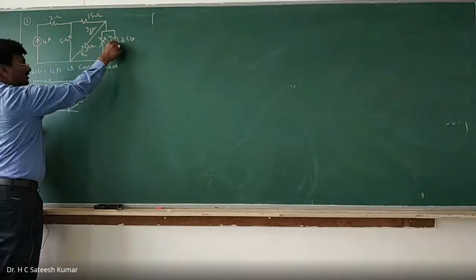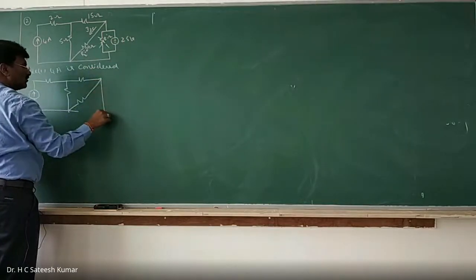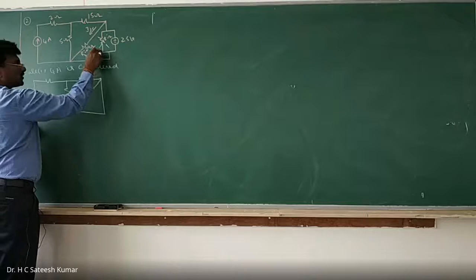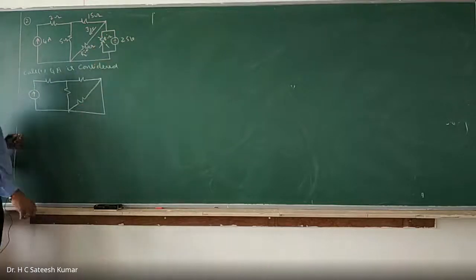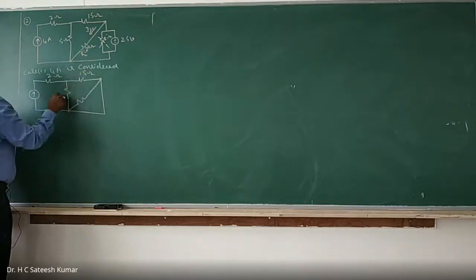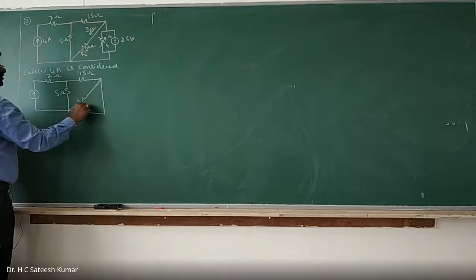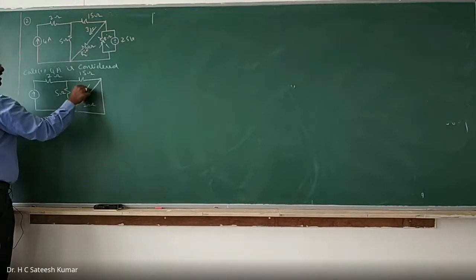And what about this one? This one will be short circuited. Now, this is eliminated, open circuited, and this is short circuited. So therefore, nothing is there in that. So now what do we have? 2 ohms, 15 ohms, 5 ohms, and 20 ohms, 20 ohms. And this current, I'll call it Ix dash.